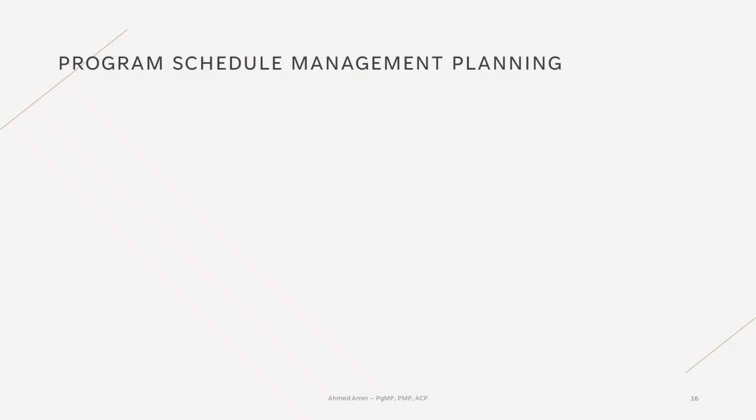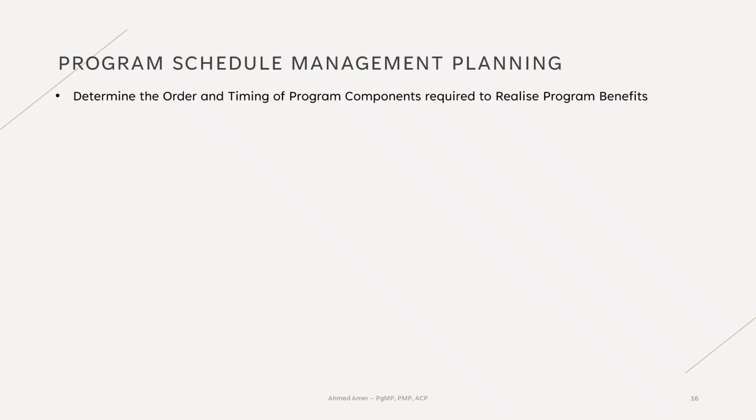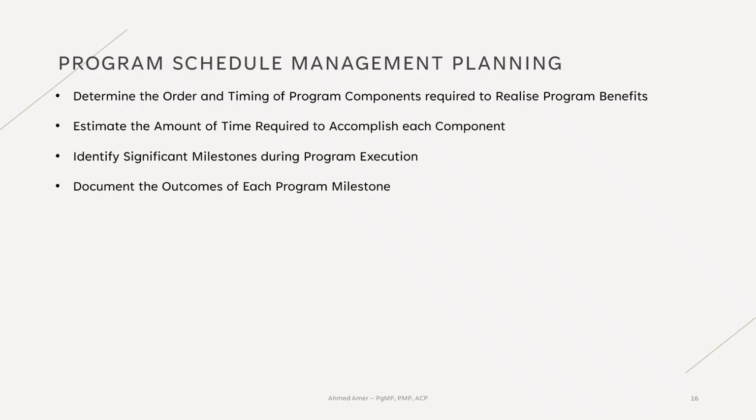Now, let's move on to the next activity in the planning subphase: program schedule management planning. The program schedule management planning activity sets the sequence and timing of all program components needed to deliver the program benefits. It estimates how long each component will take, identifies major program milestones, and records the expected outcomes for each milestone.